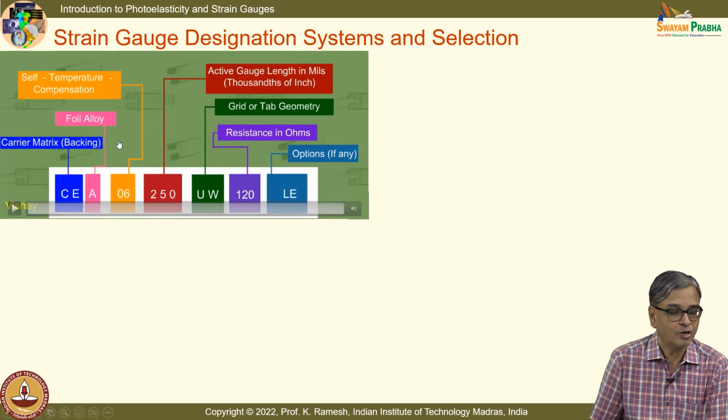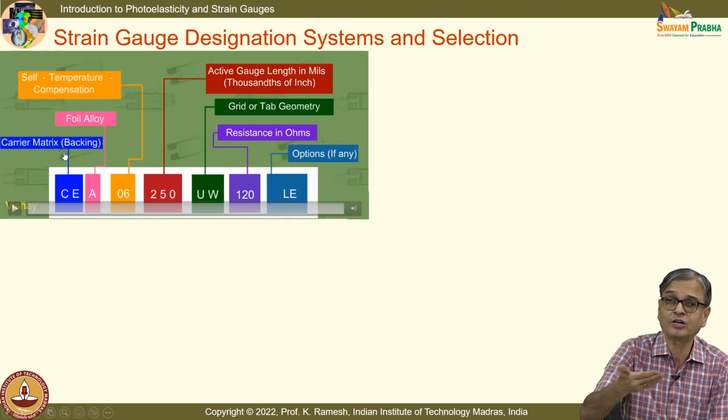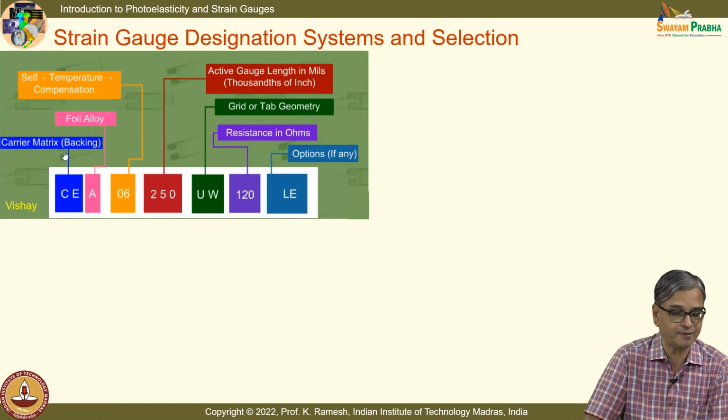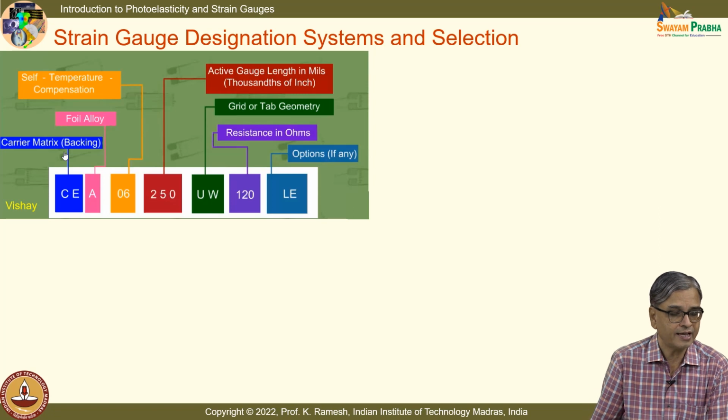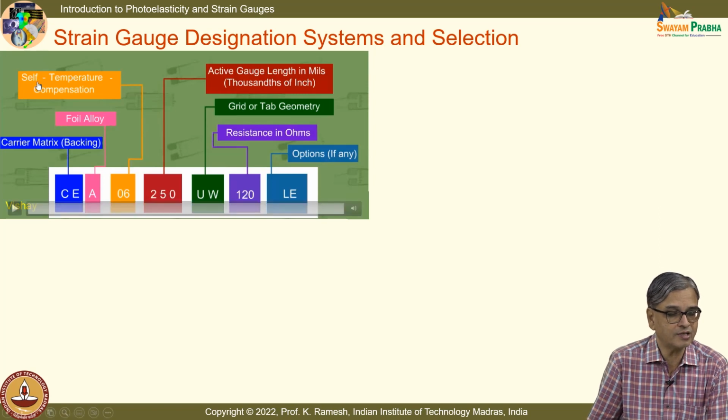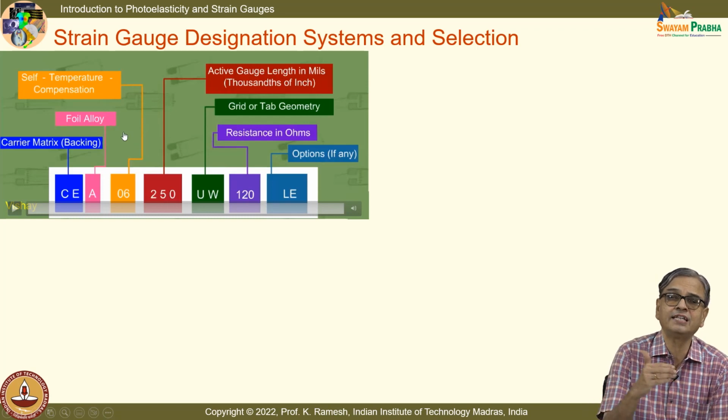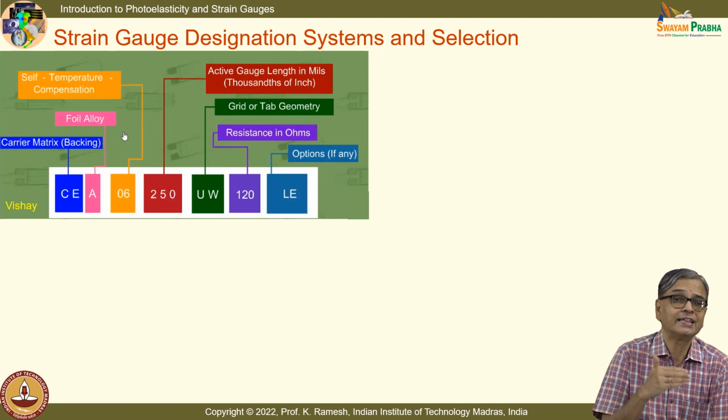I should know what should be the foil alloy, I should know what is the backing, on what substrate this strain gauge is put. And there is also something called temperature compensation number. You know, some alloys are made so that if there are small changes in temperature, this itself can annul that.